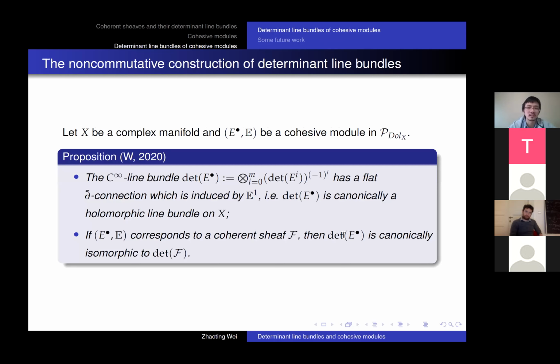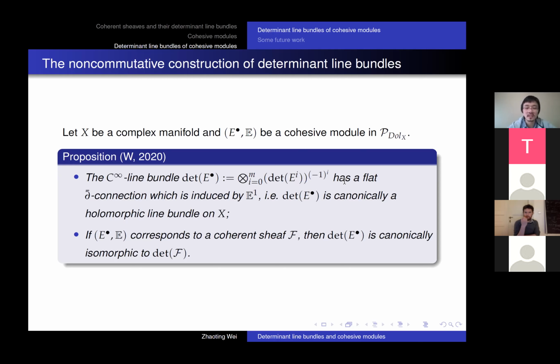That's the small result I got last December, actually. If we have a cohesive module in the framework of complex geometry, then we take the alternating tensor product of the determinant vector bundle of each of its components.